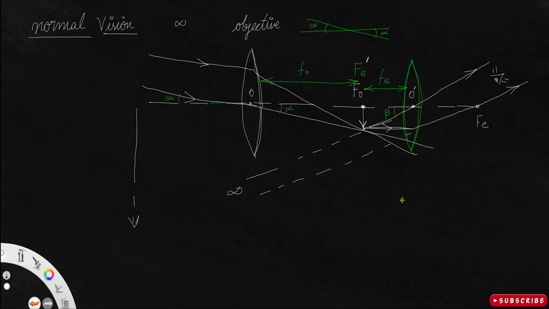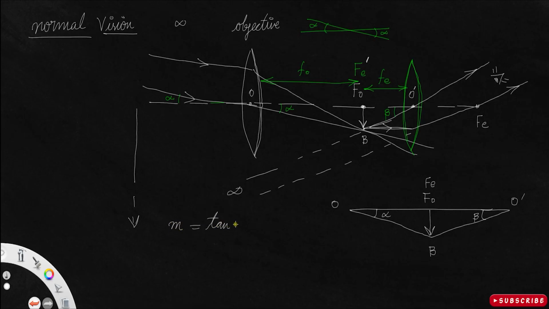When I take this triangle, O, O dash, let me mark this as FO, or you can mark FE. Let this point be some B. So this is alpha, this is beta. Now magnification, again it is tan beta by tan alpha.